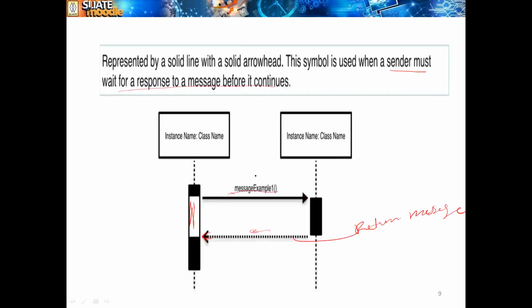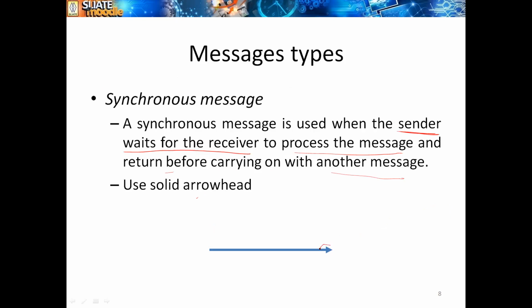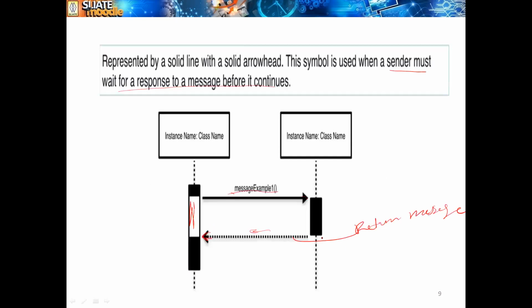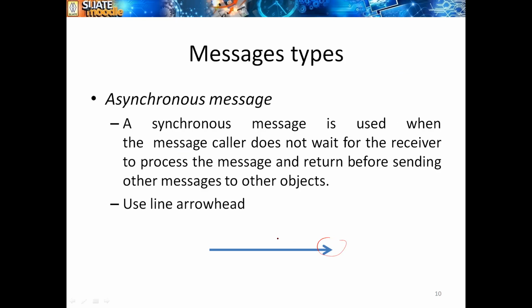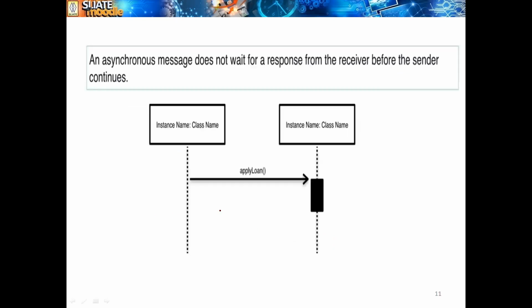The synchronous arrow is filled, and this one is not filled. An asynchronous message does not wait for the response from the receiver before the sender continues. This means only send, no wait.